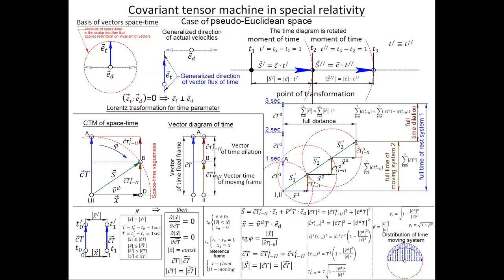It is measured by a clock fastened to it. Also, the vector diagram of time can be considered as a space of differential forms of time vectors.